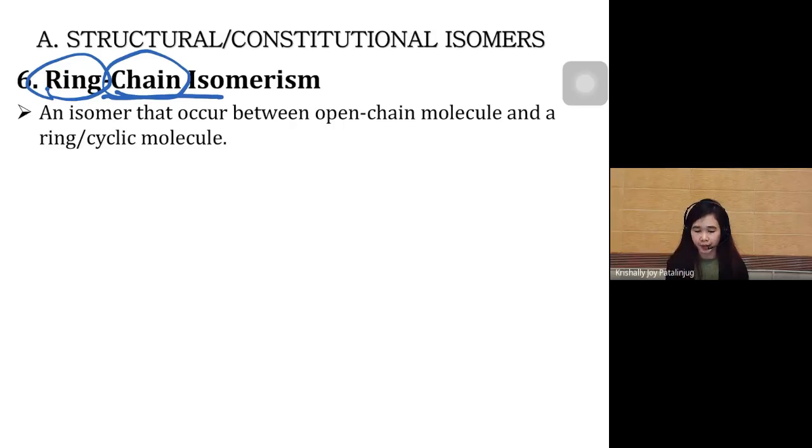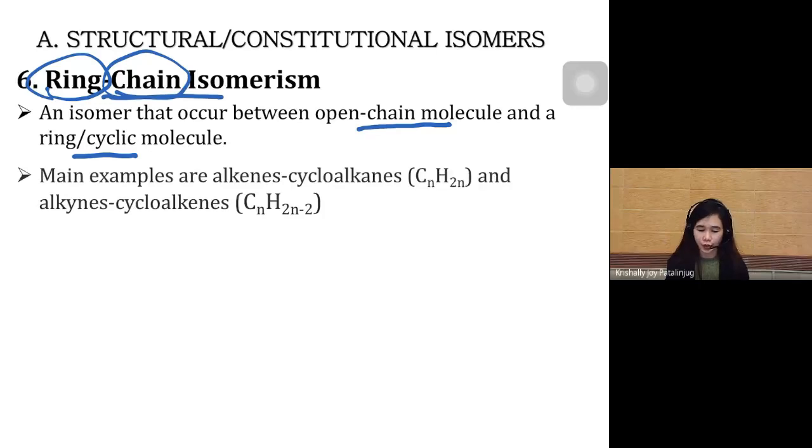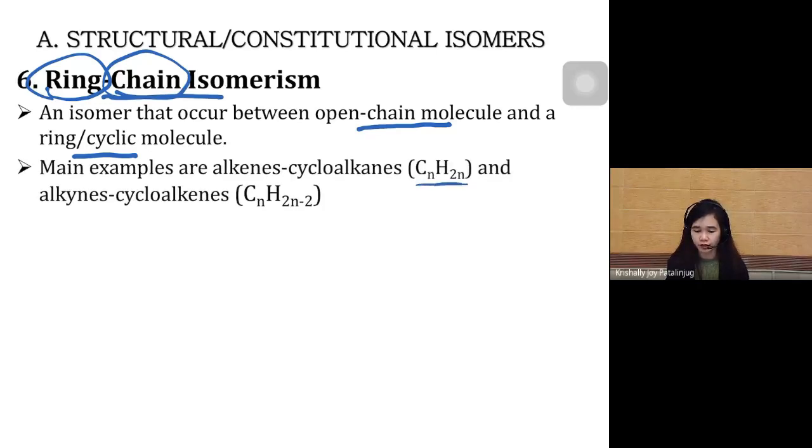Okay, naa kay open chain molecule that shows isomerism with a cyclic molecule. So, naamoy idea ani, knowing nga I have introduced to you, diba, the general formula. Naalala niyo yung general formula ng cycloalkanes and alkenes, they have the same general formula that makes them isomers to each other. An alkene is an open chain molecule.